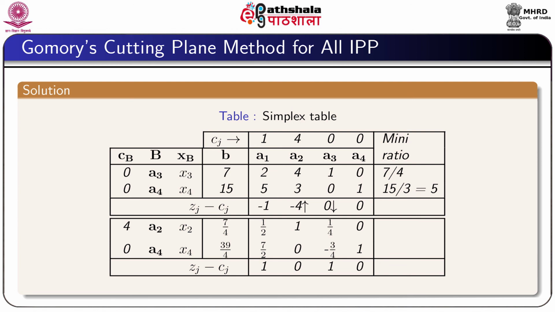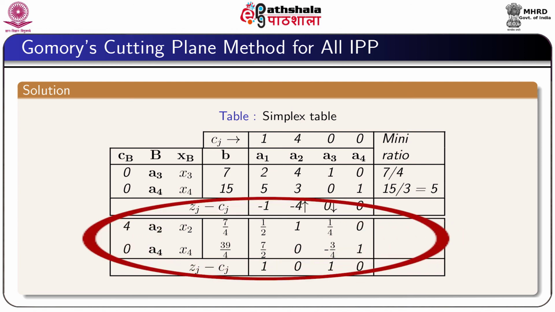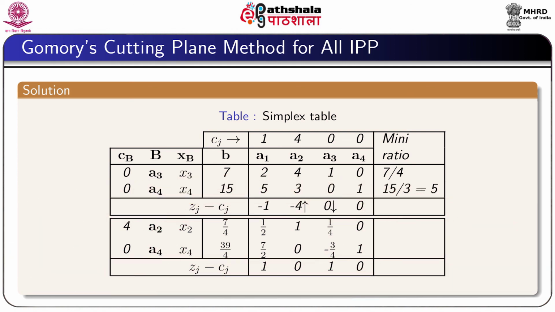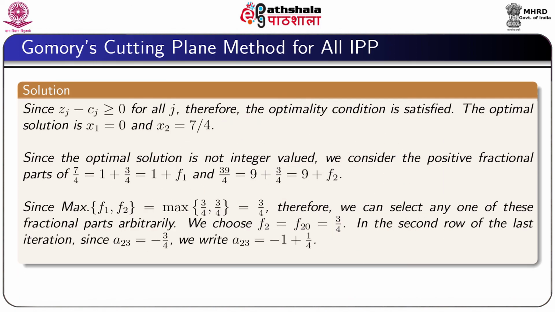And from the second iteration of this table, we see the result as x2 equal to 7/4 and x1 equal to 0. Since the optimal solution is not integer, that is x2 is not integer, we consider only the fractional part of x2 equal to 7/4, which can be written as 1 plus 3/4, which is equal to 1 plus f1.